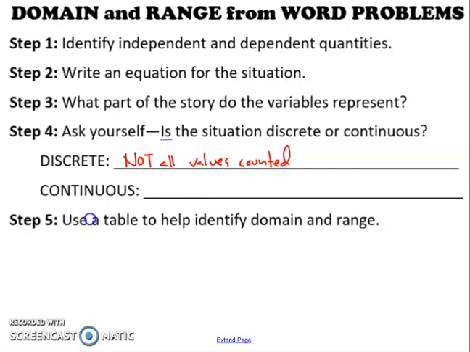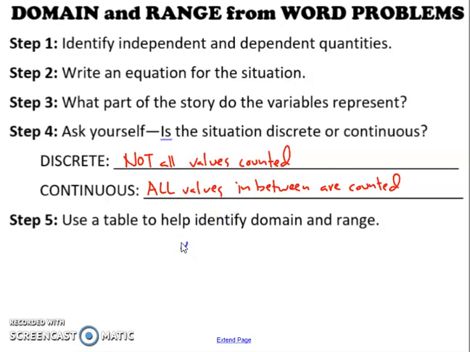Now, when we talk about continuous, continuous means that all values, including in between, are counted. Discrete, only some are counted. Continuous, all the values are counted.